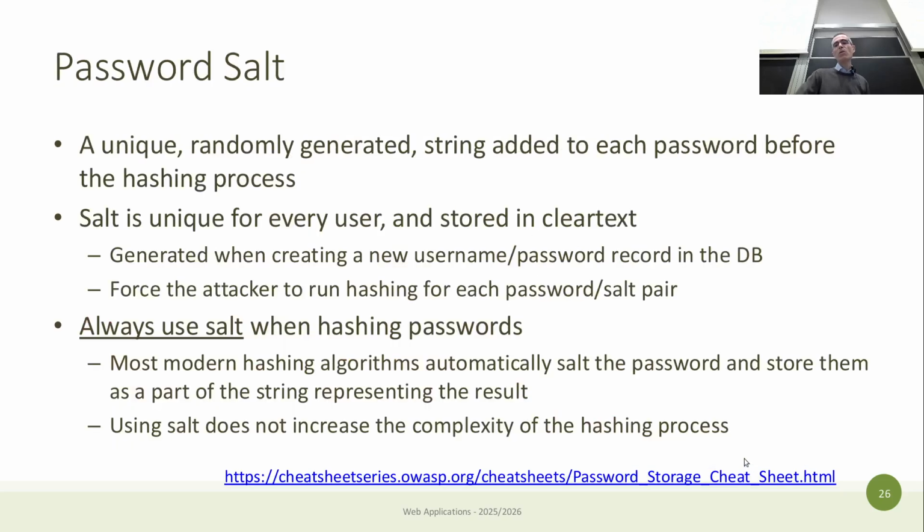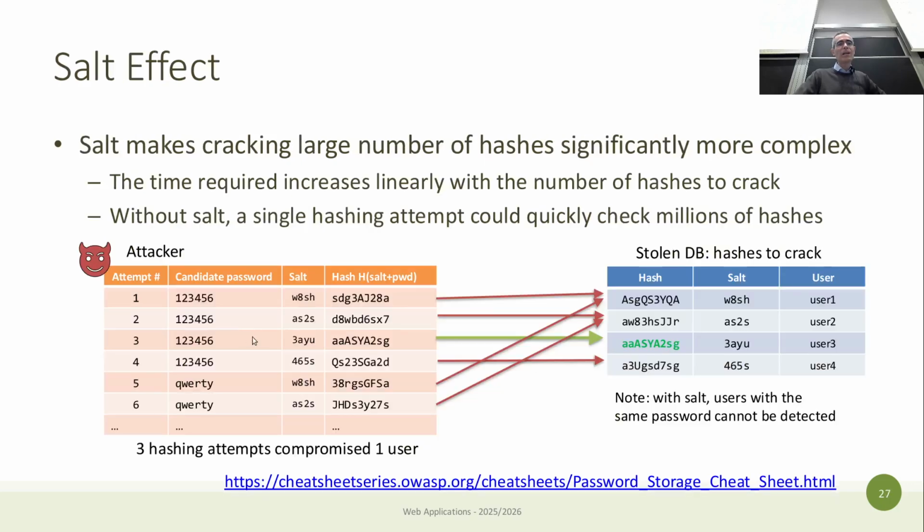And so what is typically done is adding a randomly generated string to each password before the hashing. And this randomly generated string, which is called salt, like the one you add to the salad when you eat, is a string which is stored in clear text in the database.